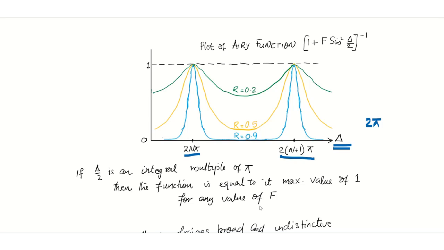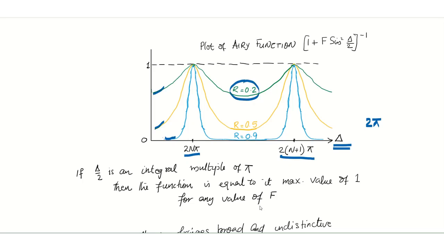When the phase changes by 2 pi, you get a maximum. These are the different plots here: the green one, the yellow one, and the blue one are for different values of R. R changes from 0.2 to 0.9.